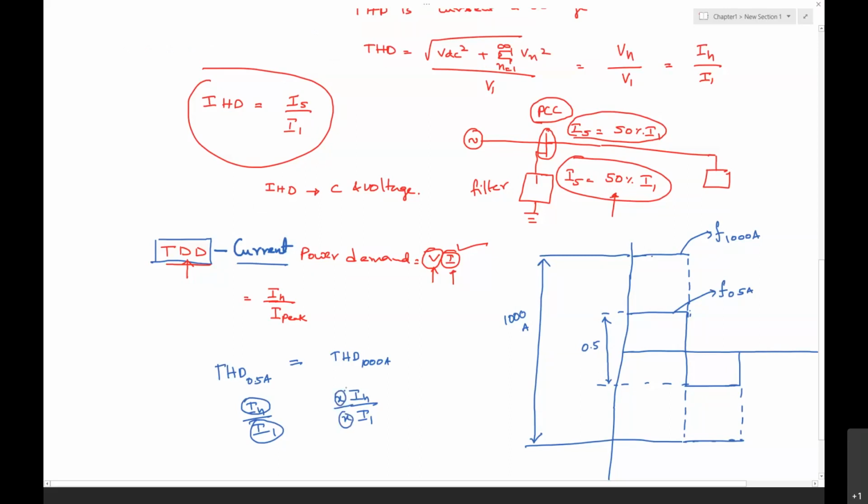It is going to get cancelled out in the numerator and the denominator. So the THD of the 0.5 amperes signal peak to peak and the THD of the 1000 amperes peak to peak will be the same only.